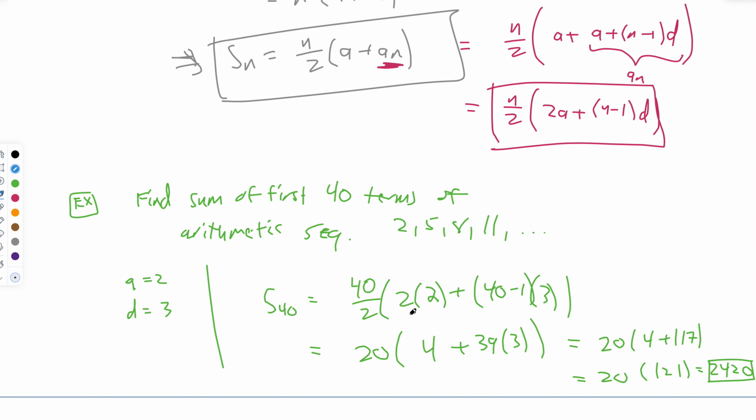Okay, 40 over 2 is 20, 2 and 2 is 4, 40 minus 1 is 39, 39 times 3 would be 117, plus 4 is 121, times 20. 2 times 121 is 242, add an extra 0, my final answer becomes 2,420. Right, so just plug it in the formula, and we find that the sum of the first 40 terms is 2,420.